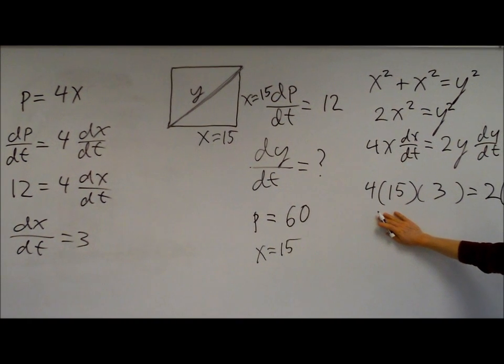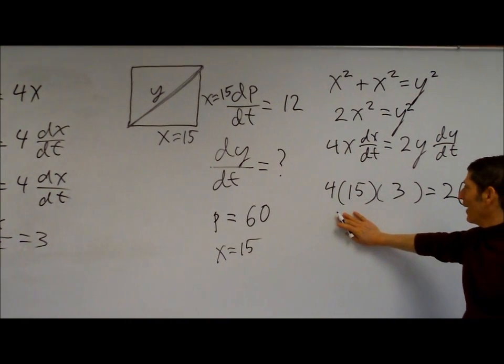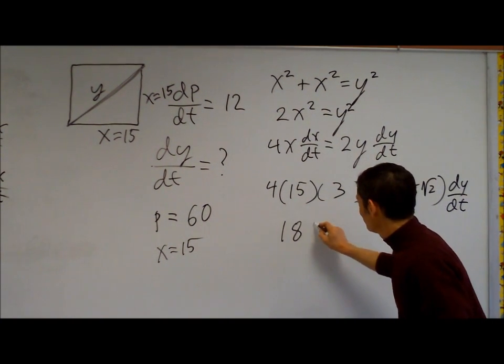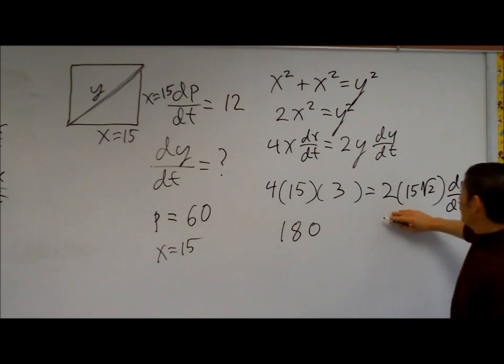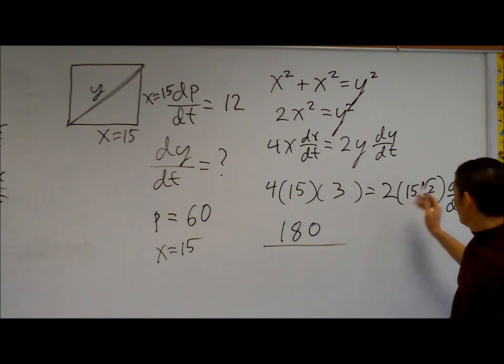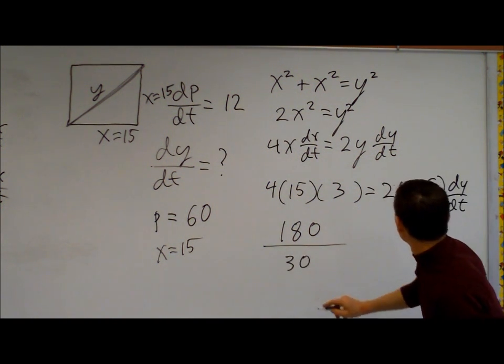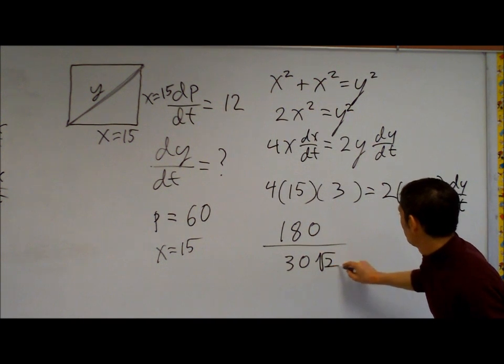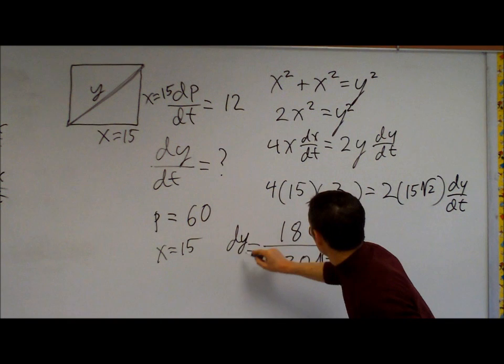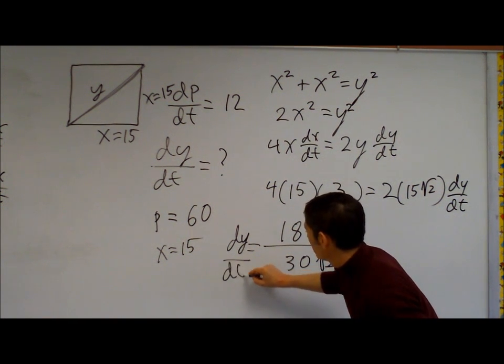So now 60 times 3 is 180. 180 divided by 2 times 15. So that's 30 square root of 2. dy/dt, I'm basically done here.